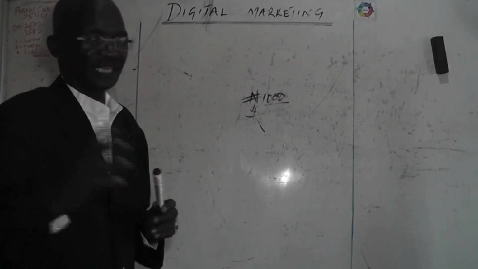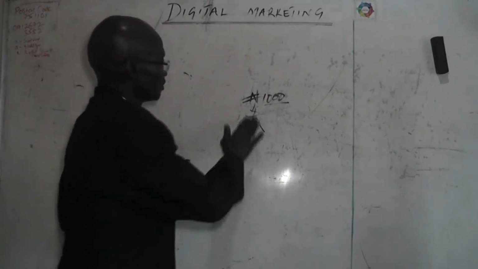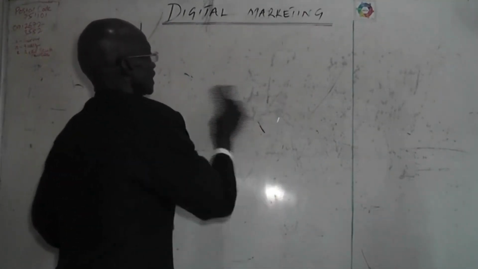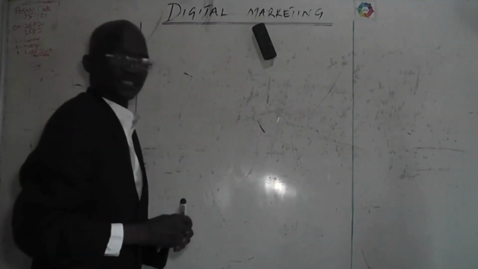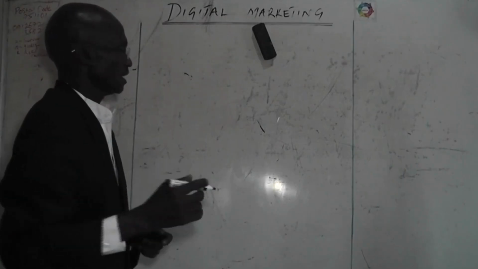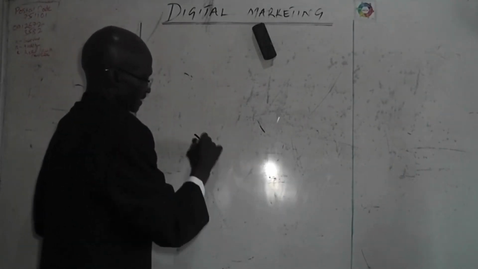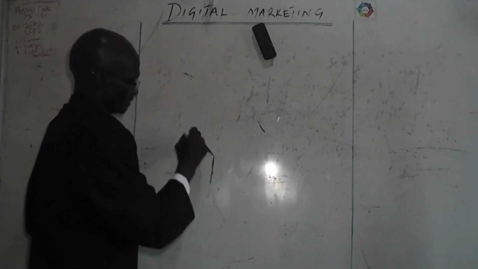While you're going to advertise your product, you have to look at the 4 P's. Take for example, I'm baking a bread which I want to sell.